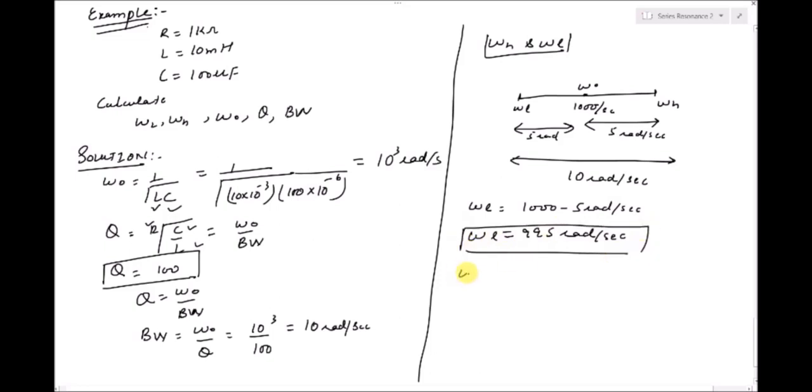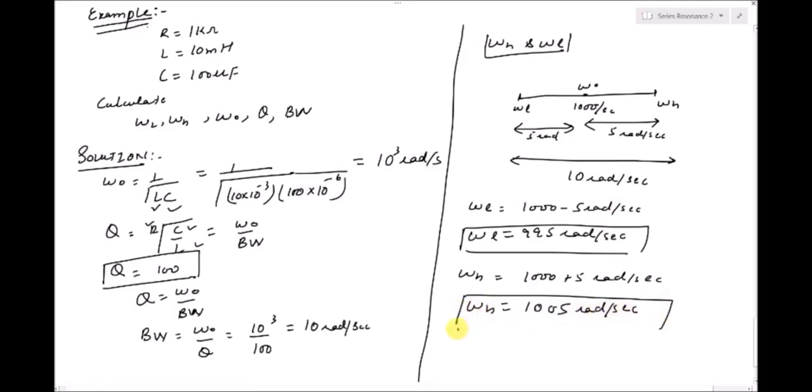Similarly, for the upper cutoff frequency, we have 1000 plus 5 radian per second, and it will be 1005 radian per second. So this was the first example.